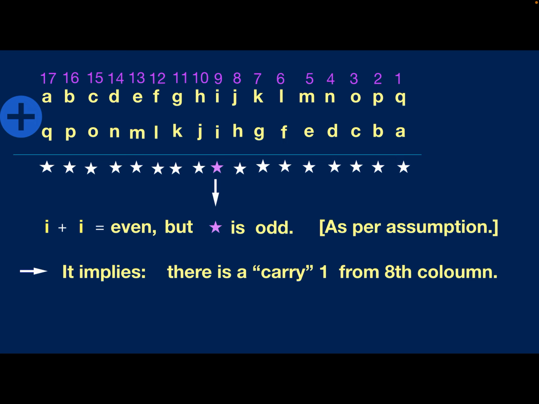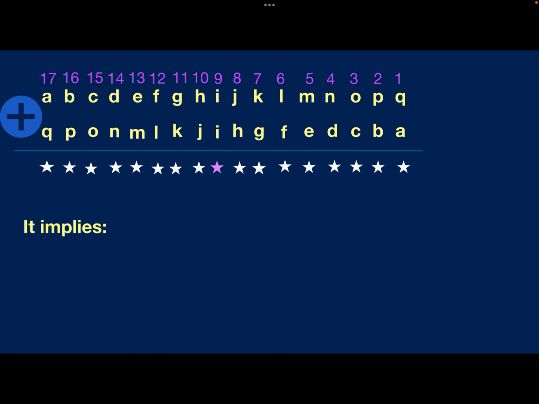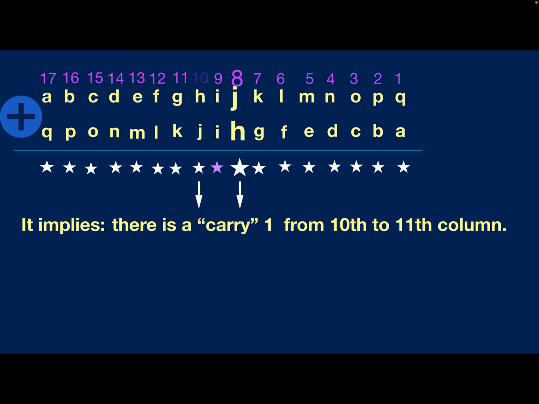In the 8th column, the digits are J and H, and in the 10th column, the digits are H and J, in reverse order. So the same digits are in the 8th column and the 10th column.